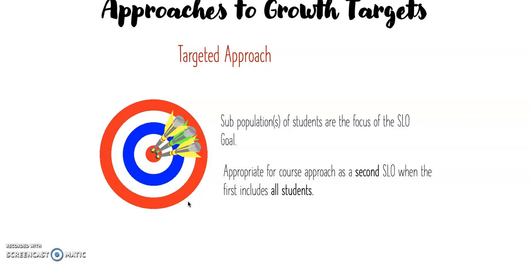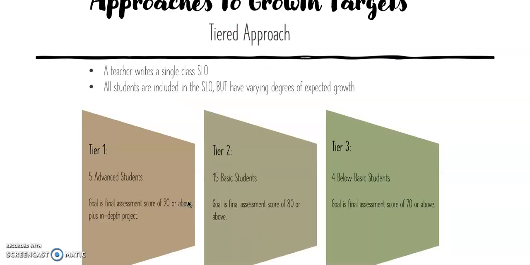The whole point of an SLO is to have growth targets. We're going to focus on 2 different types of growth targets. I'm sorry you can't see the top of my screen, but it says approaches to growth targets. This is probably the one you're going to do if you teach resource. This is the tiered approach, where you put the students in tiers based on historical and trend data.